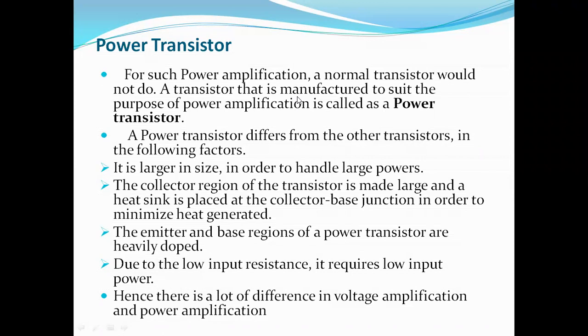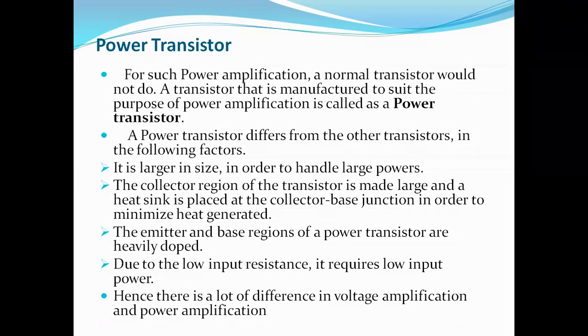Here in the power transistor, the collector region is made large because a heat sink is placed at the collector to base junction, in order to minimize the heat which is generated in the transistor.